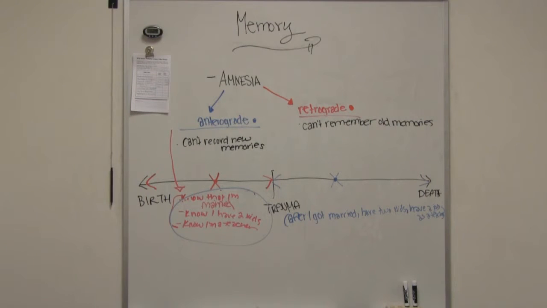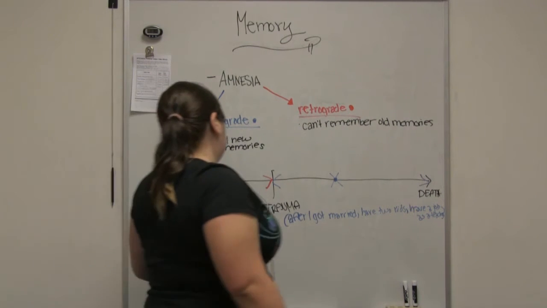Okay. Have you ever seen the movie 50 First Dates? Okay. The woman in that definitely has anterograde amnesia, which they help her with by like creating a journal and a videotape that says, oh, by the way, this is everything in your life since the trauma. And she gets to remember for that day and then start again the next day. Kind of sucky. Okay. And so that's anterograde amnesia with this example.